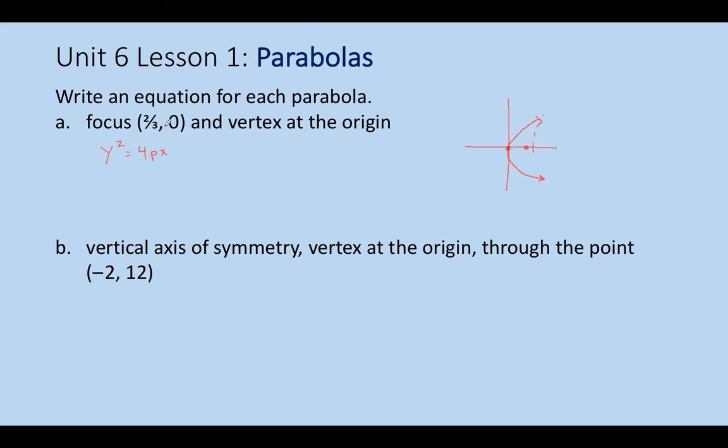So if the vertex is at the origin, it means, well, this is 2/3 from the origin. And so I can go ahead and fill this in. I've got y squared equals 4 times 2/3 times x. And, well, 4 times 2/3 would be 8/3 x. Now I've got y squared equals 8/3 x.